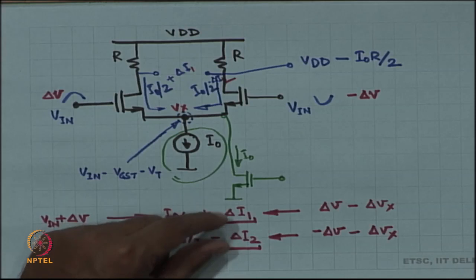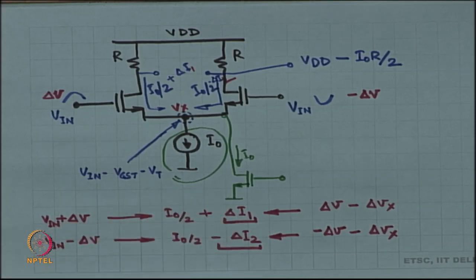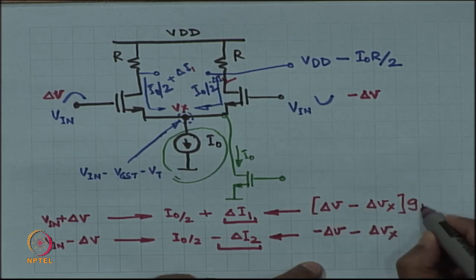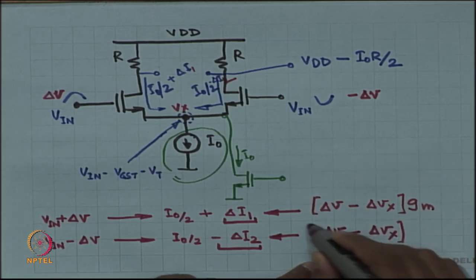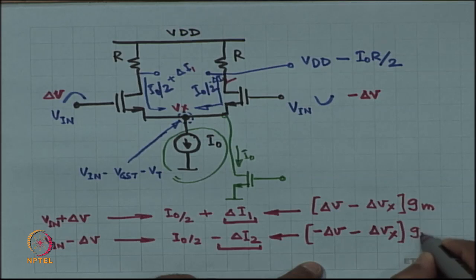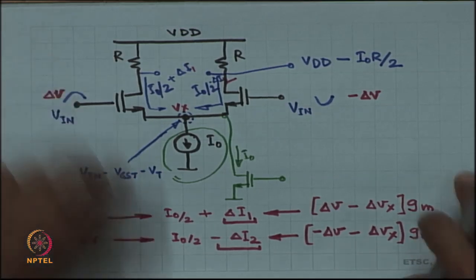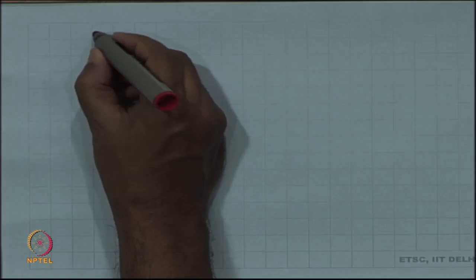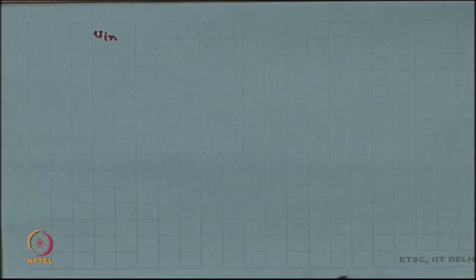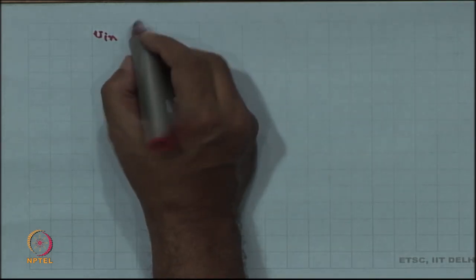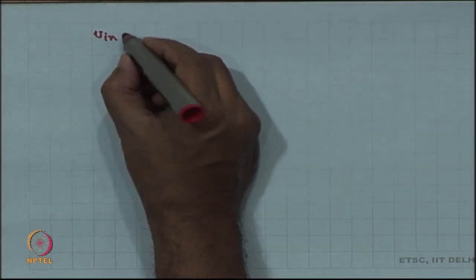All right. Now, these two happen to be equal. So, some Gm. Okay. So, in other words, small signal plus V in is applied to the gate of the right hand transistor or left hand transistor, right. Let us say the center node changed by small signal Vx.